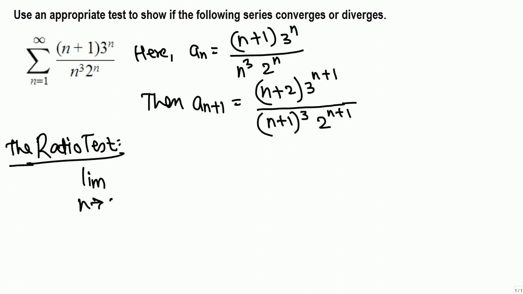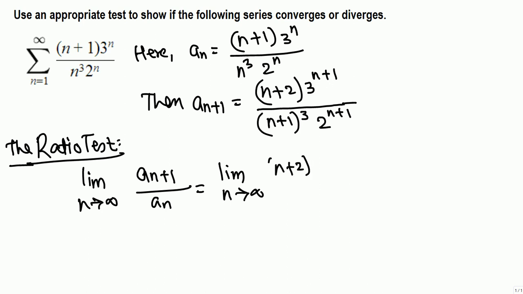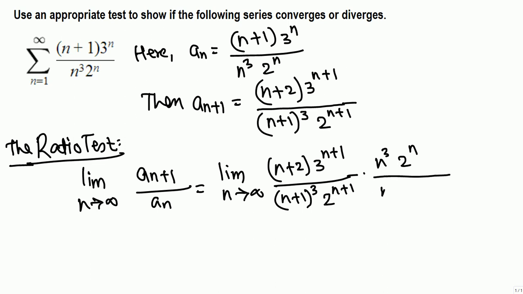Or we can write, if we like, a_(n+1) over a_n, which is the limit as n goes to infinity of this fraction, (n plus 2) times 3^(n+1) over (n plus 1) cubed times 2^(n+1), divided by a_n, divided by this fraction, which is the same as multiplying by the reciprocal: n cubed on the top times 2^n over (n plus 1) times 3^n.